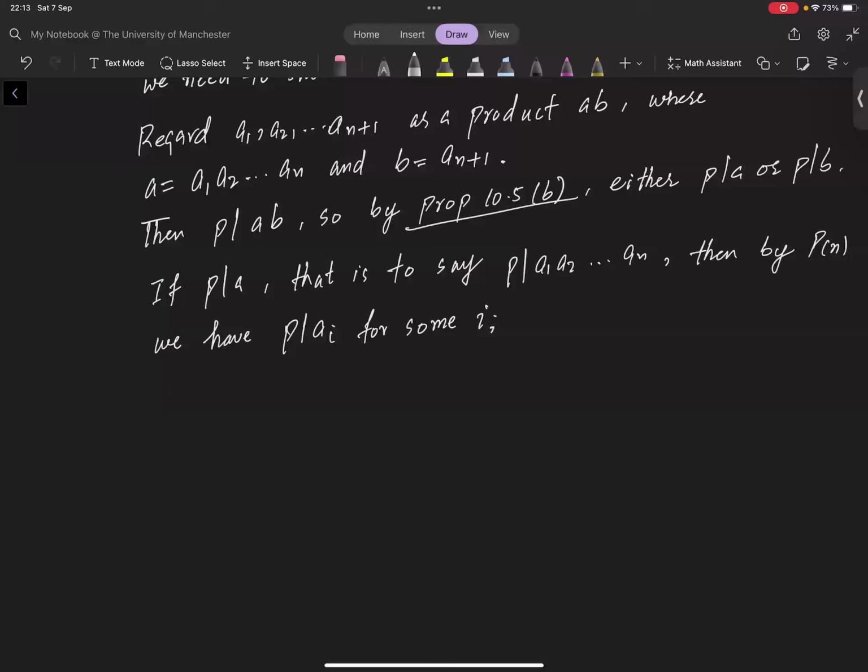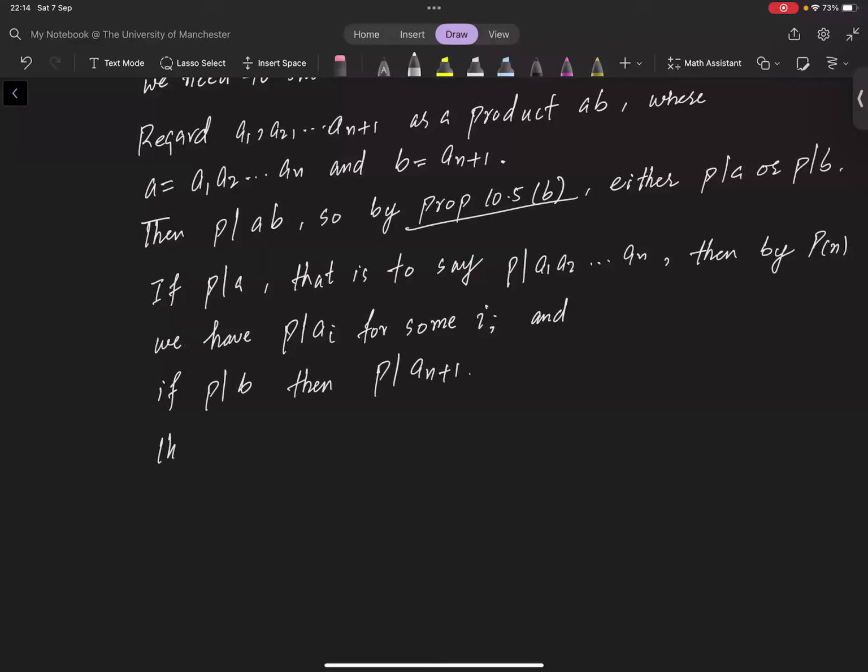Now, if P divides B, then P divides the n plus first integer.